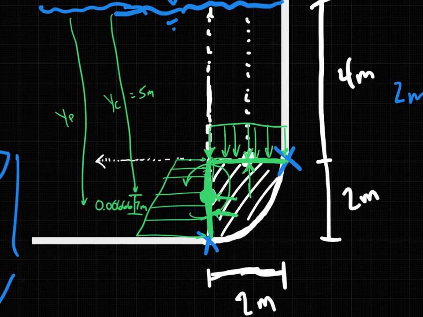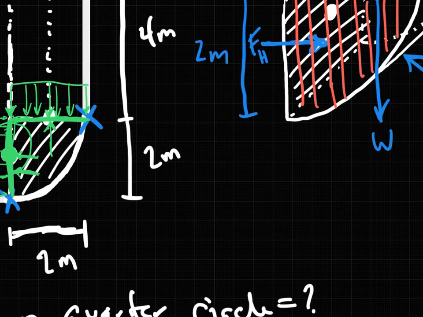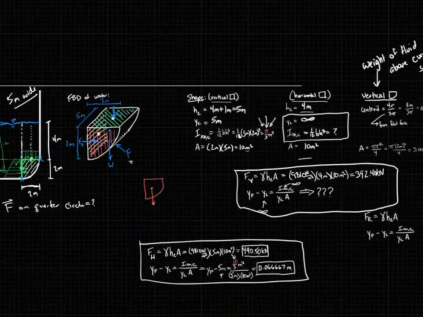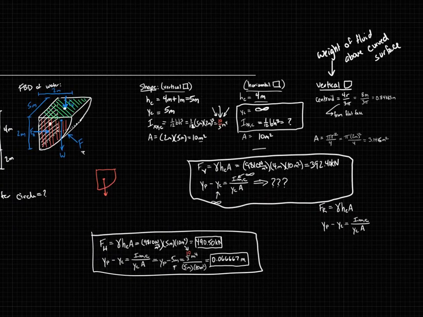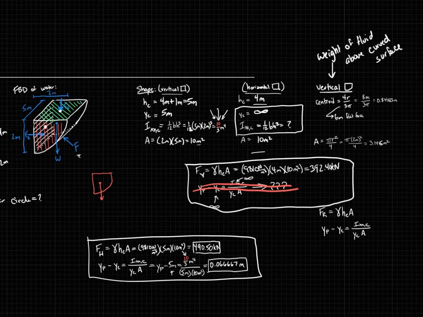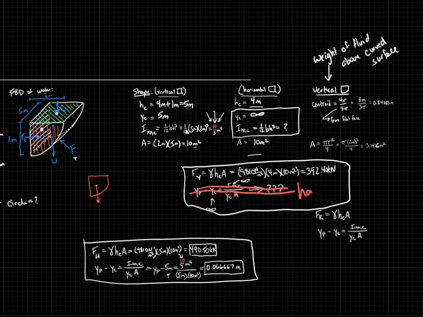So what we do over here is we don't care about this yp, because the face is horizontal. If we have a horizontal face, we're good, because we know that this force, the FV, is going to act at the centroid.